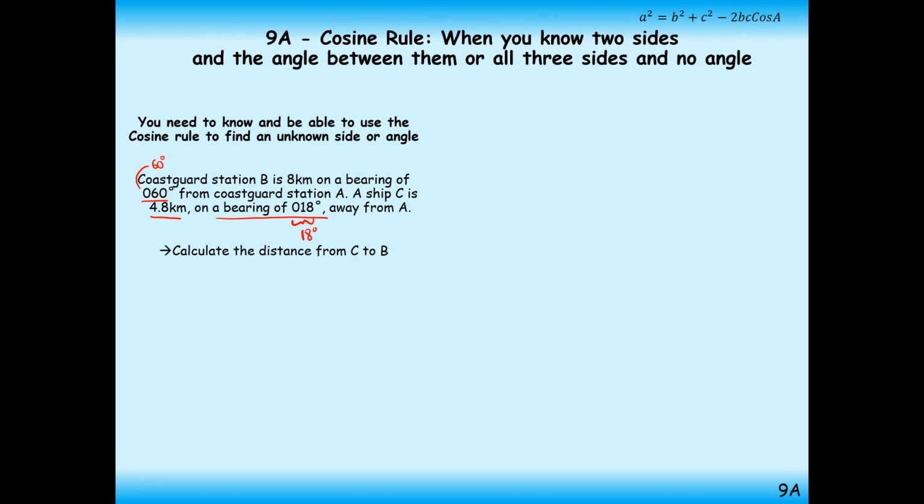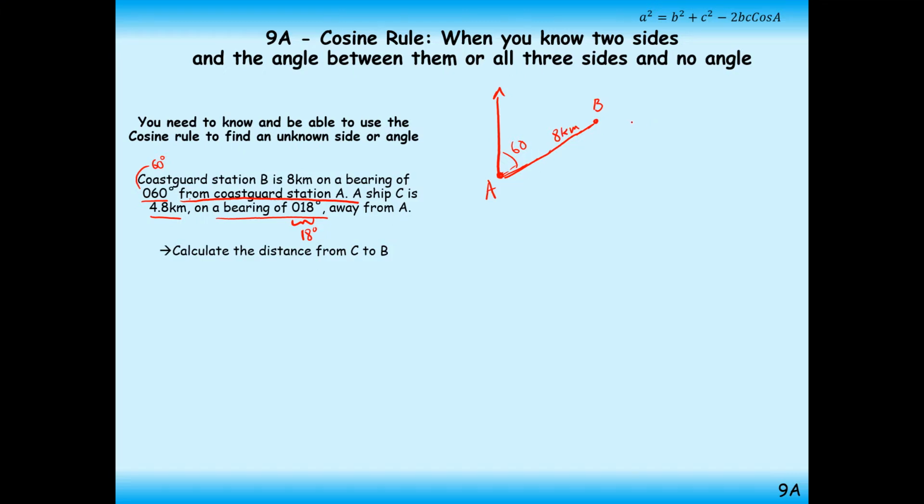So you have to build up a picture here. Coast Guard Station B is 8 km on a bearing of 60 degrees from A. So you draw a north line here and this angle has to be 60 degrees. The word is from A, so when you're working, it's from A and B is up here, and this dotted length I'm going to call AB, 8 kilometers.